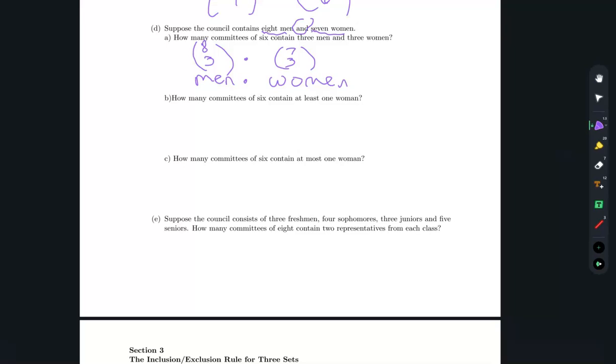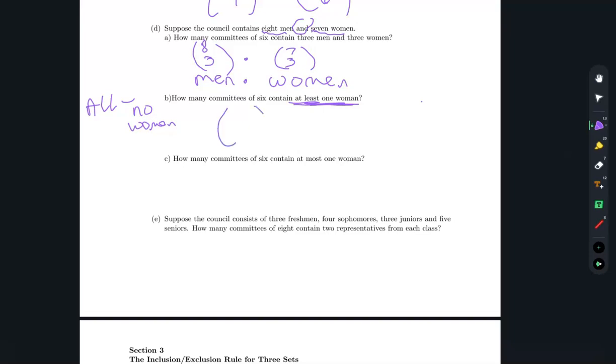At least 1 woman. That tells me I could have 1 woman or 2 women or, oh, wait a second, that's going to be a lot of addition, isn't it? So why don't we use what we did before, with all the choices, and we subtract off the case where there's no women, and that will give me at least 1 woman.